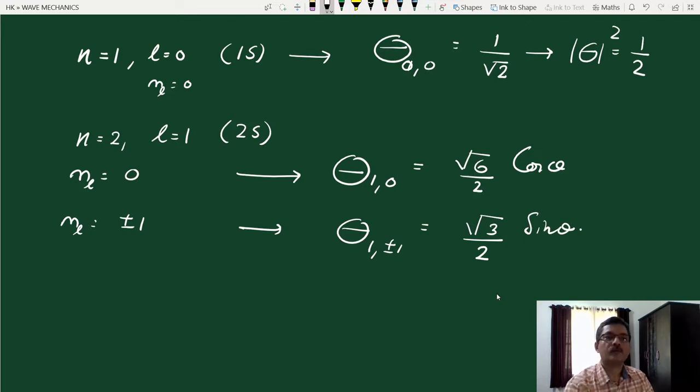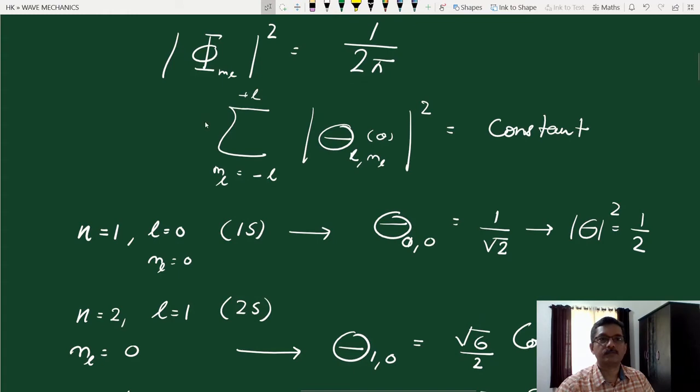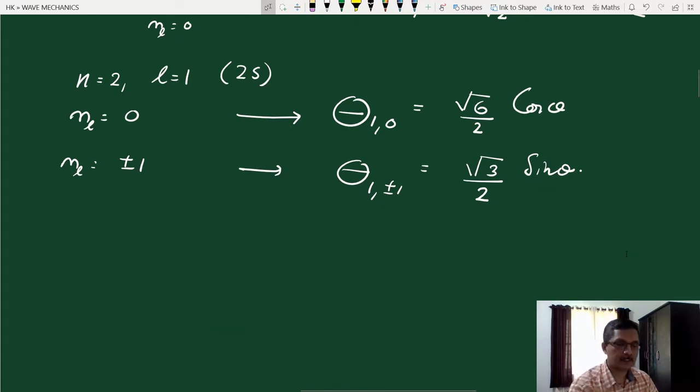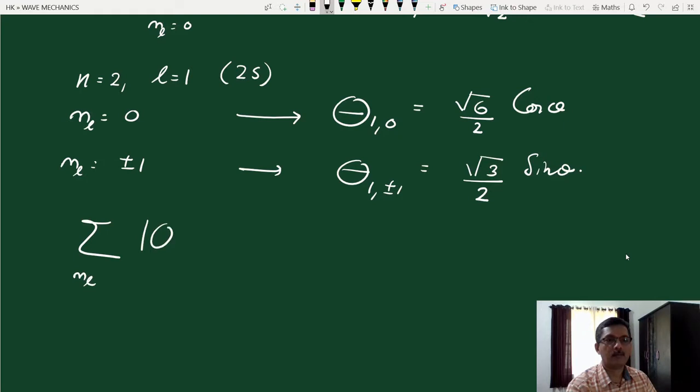Now let us do this calculation. Let us do this summation, sum over ML of mod theta square. So what you get is, let us take L equal to 0.